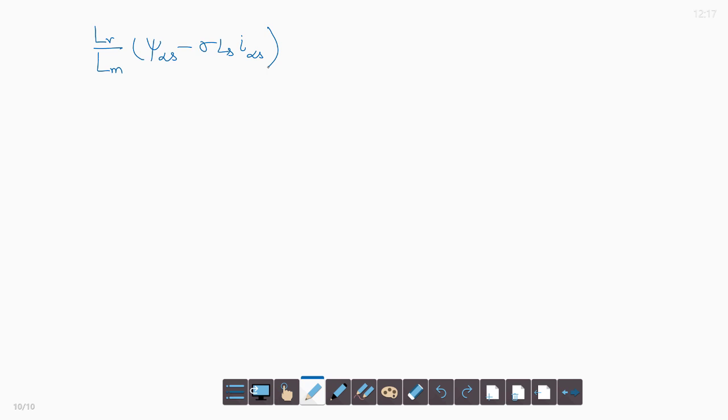Let us expand this. Lr by Lm psi alpha s is Ls I alpha s plus Lm I alpha r, minus the sigma Ls I alpha s term.